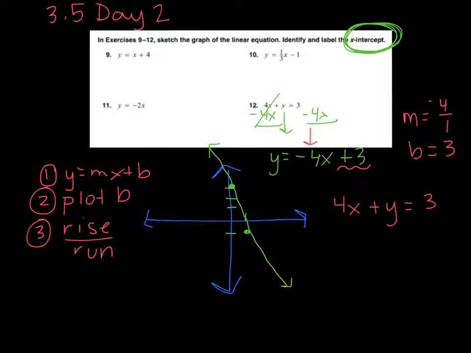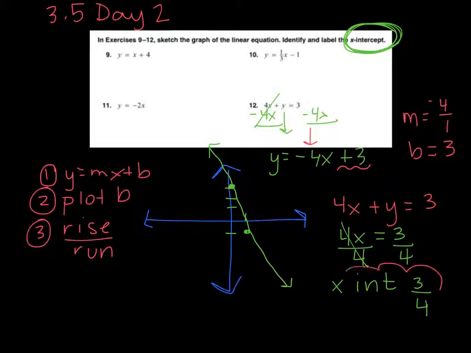So remember, to find the x-intercept, all you have to do is plug in a 0 for y. Well, if I put a 0 right here for y, then that y is going to go away, and I'm going to be left with 4x equals 3. Then I'm going to solve for x. So I divide both sides by 4, and that tells me that my x-intercept must have occurred at 3/4, which is why I couldn't see it on the graph, because it was at a fraction.